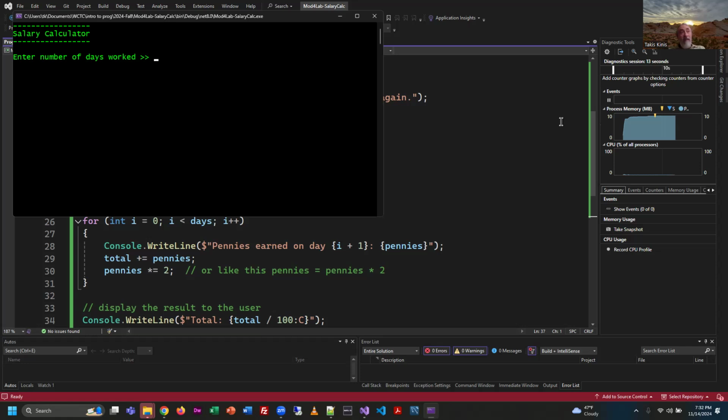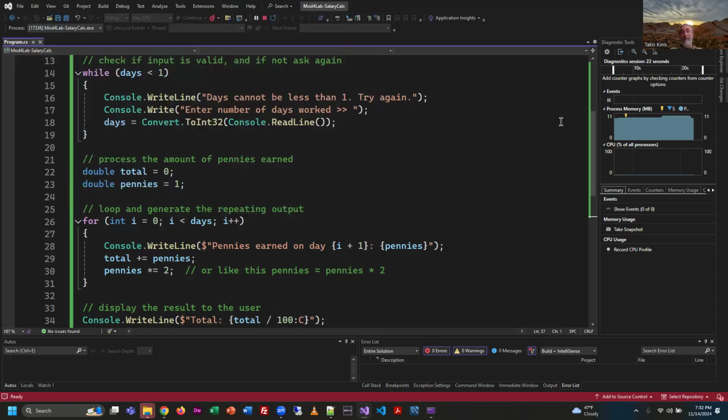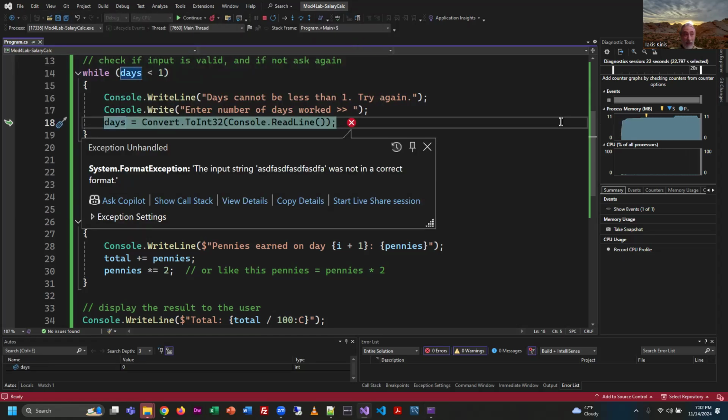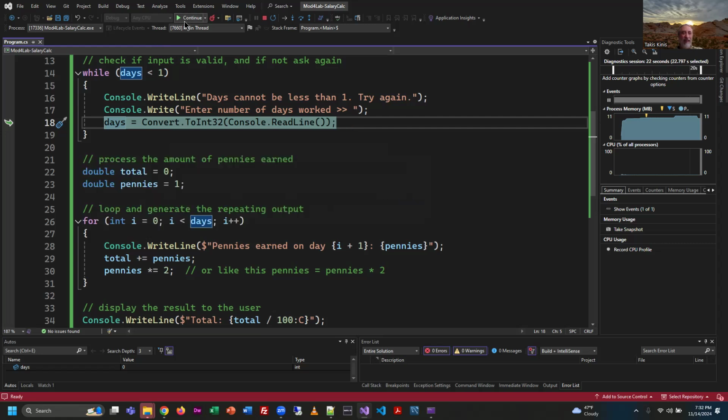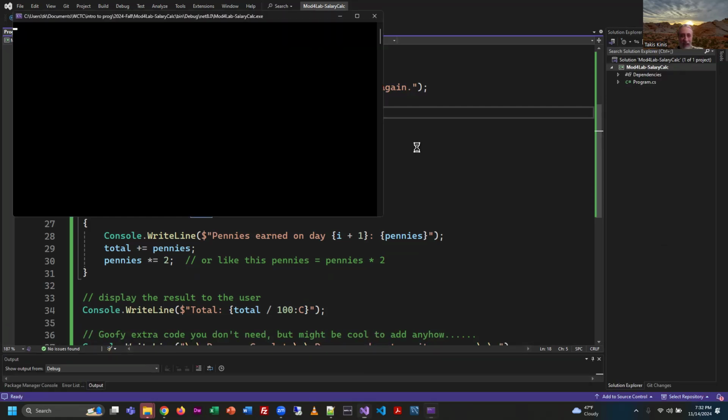All right, let's try some invalid entries. -2. 0. Oh, I really tried to break it. So we don't have something to accommodate for text entry, do we? Right. I'm going to hit continue. Try it again.